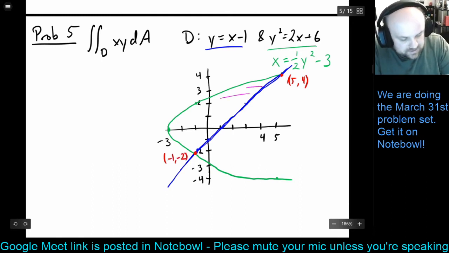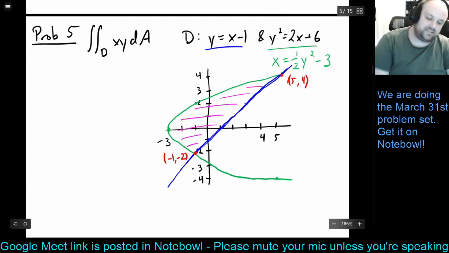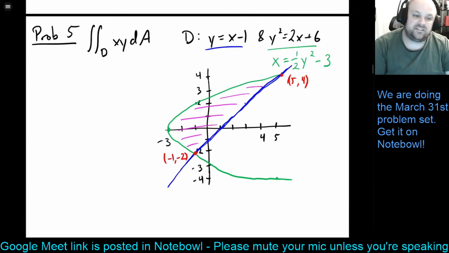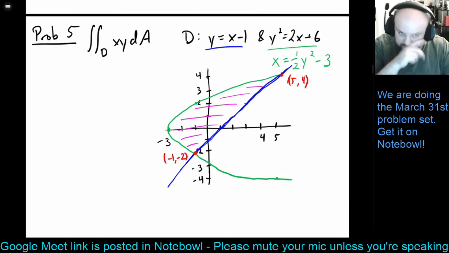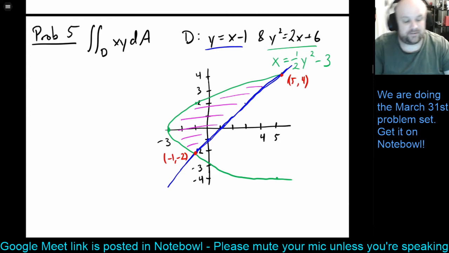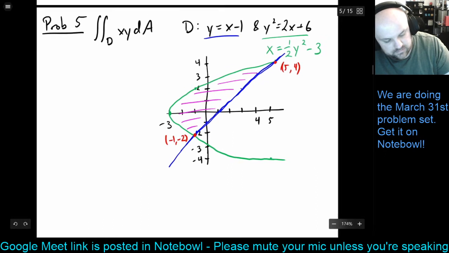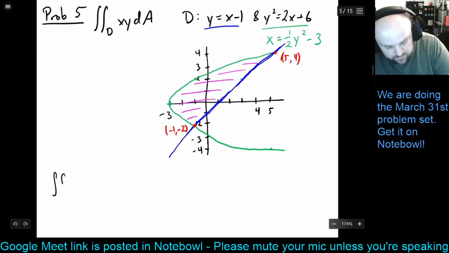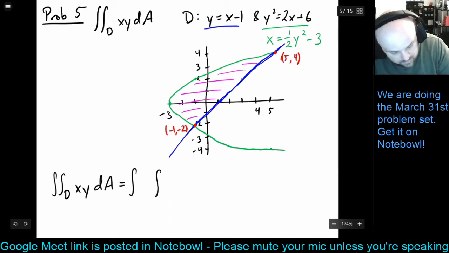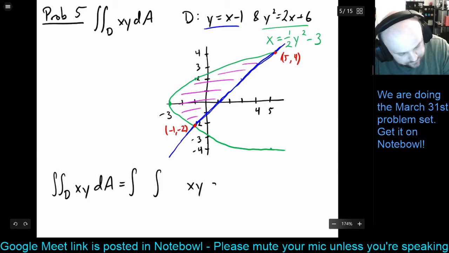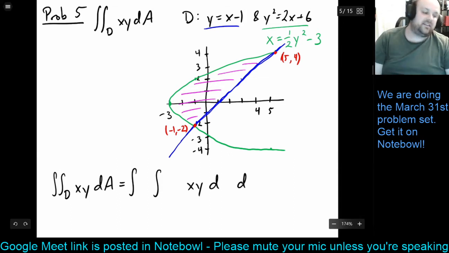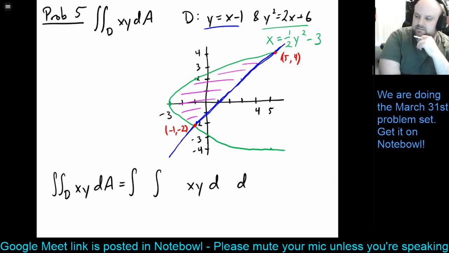So this is the region we're looking at here for D. So the question is, should we integrate this with respect to x or with respect to y first? What is the better choice? I'll give you a second to think about that, and let me know what you think is the better choice for which variable to integrate with respect to.